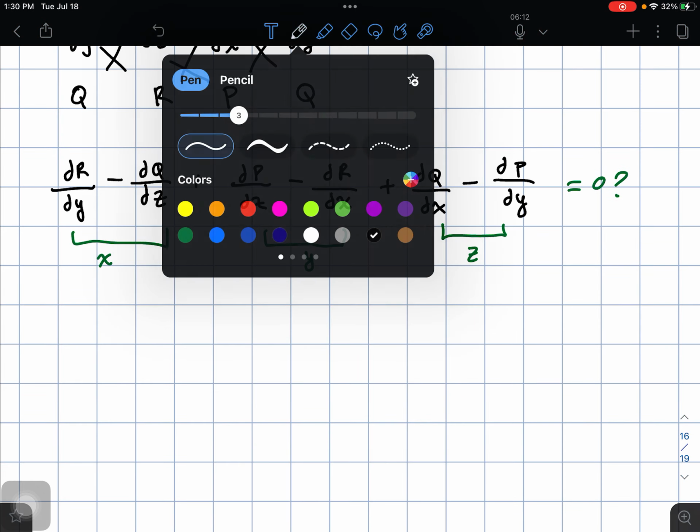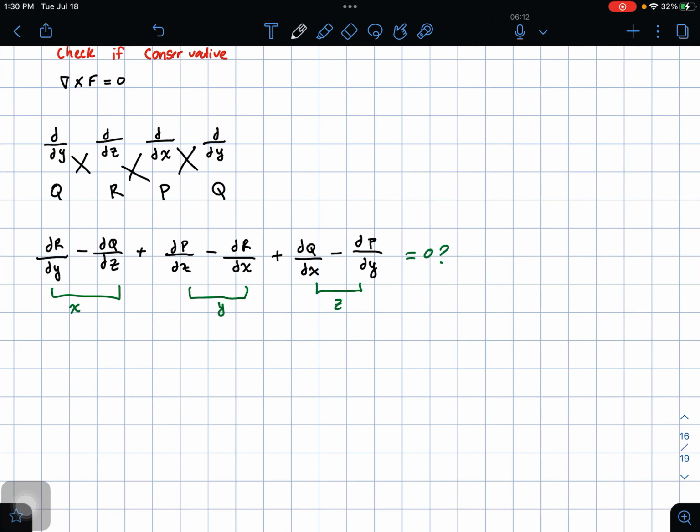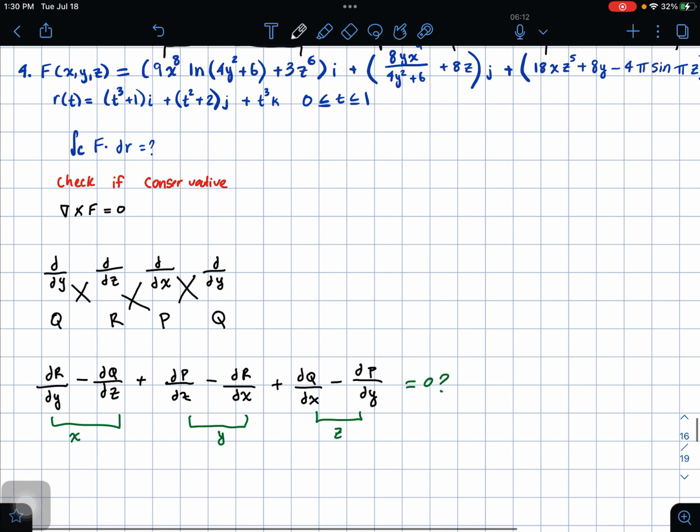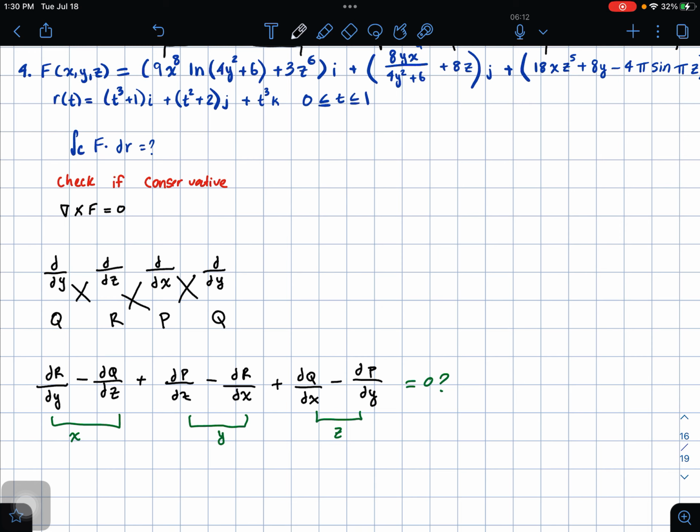The reason we're checking if it's conservative is that if it's conservative, you can write this function right here as the gradient of something.